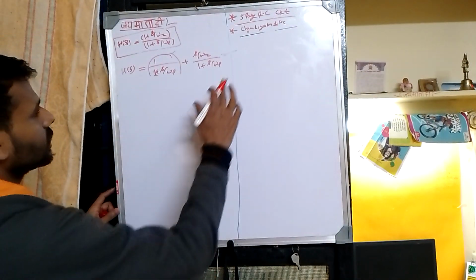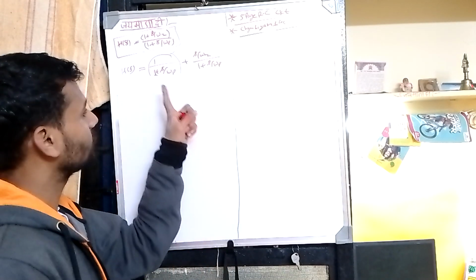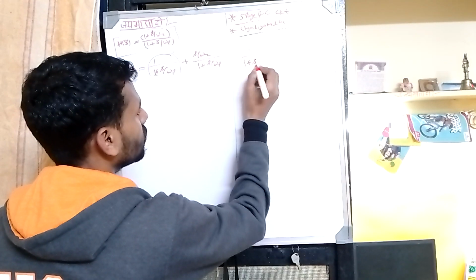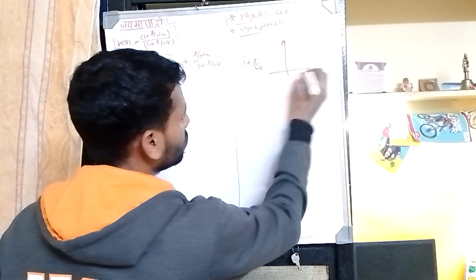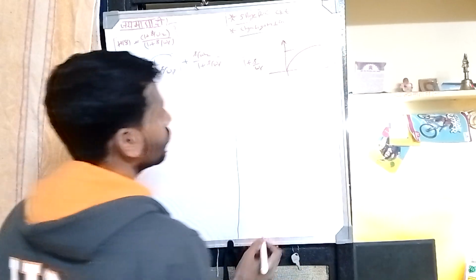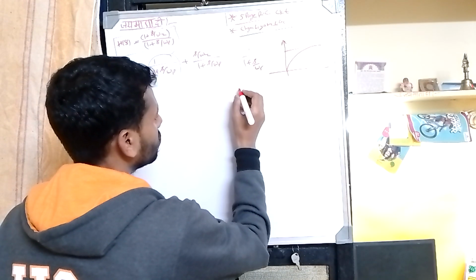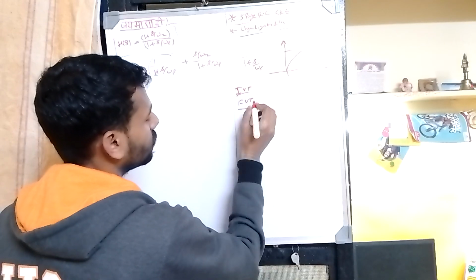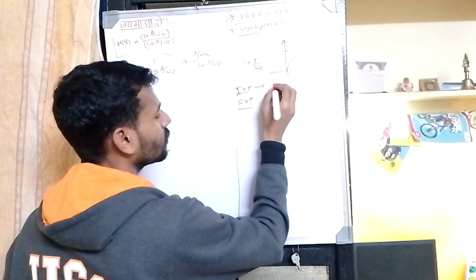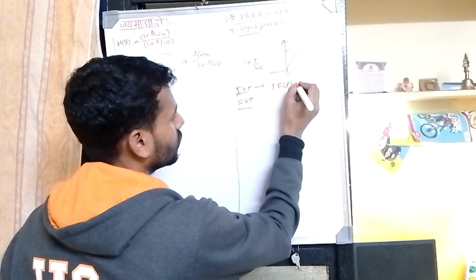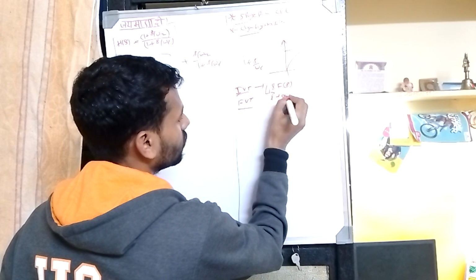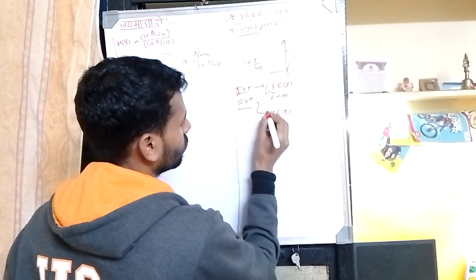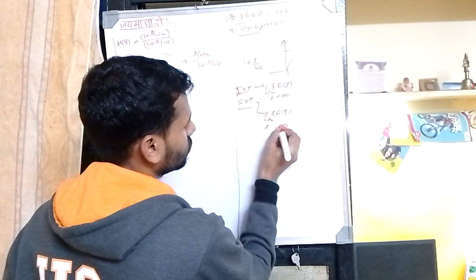So first of all, you should know some basics. For example, for this transfer function with s by omega p, the step response will be this. How? First, you should know some concepts like the initial value theorem and the final value theorem. The initial value theorem is the limit of s times F(s) as s tends to infinity, and the final value theorem is the limit of s times F(s) as s tends to 0.